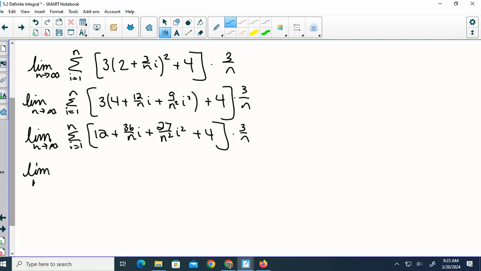Okay, now I need to distribute my 3 over n. Can I go ahead and combine those like terms? 12 plus 4 is 16 times 3 over n. So it would be 48 over n. Plus 36 times 3.